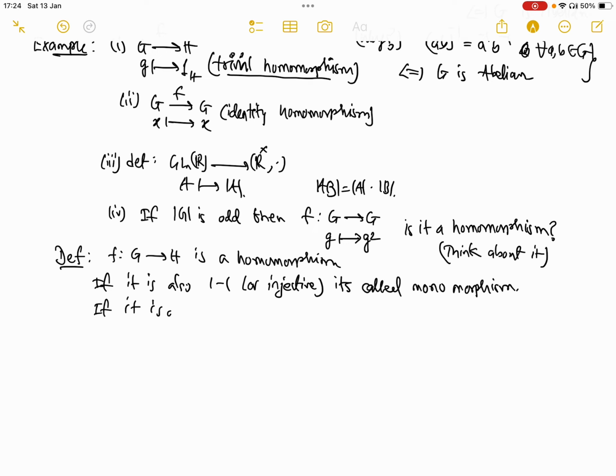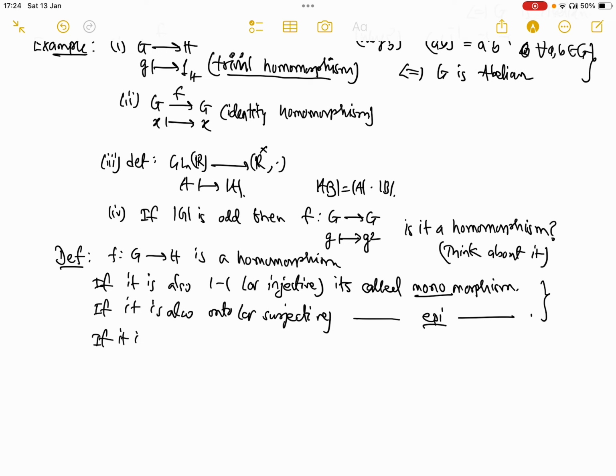If it is also onto or surjective, it's called epimorphism. So a homomorphism that is injective is called mono, and a homomorphism which is surjective is called an epi.